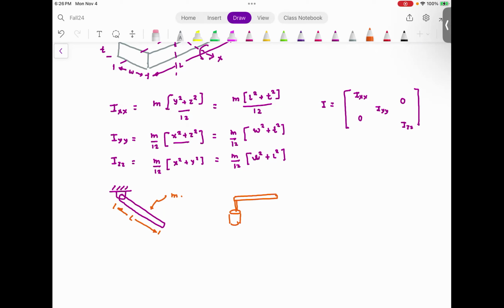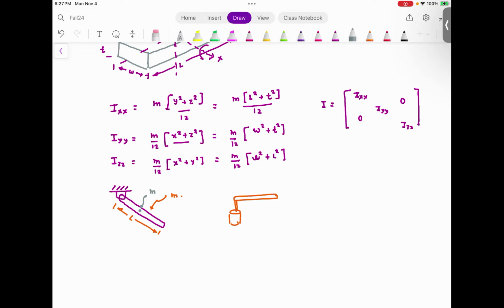Now, how do you solve this problem? First and foremost, understand that this link has the centroid somewhere over here. So mass of the slender rod can be considered to be fixed at that point, which is at the center.